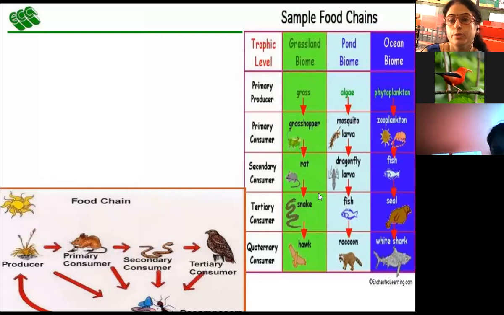The reason is this: when the consumer consumes food, whether consuming the primary producer, secondary or tertiary, what is transferred through the food?